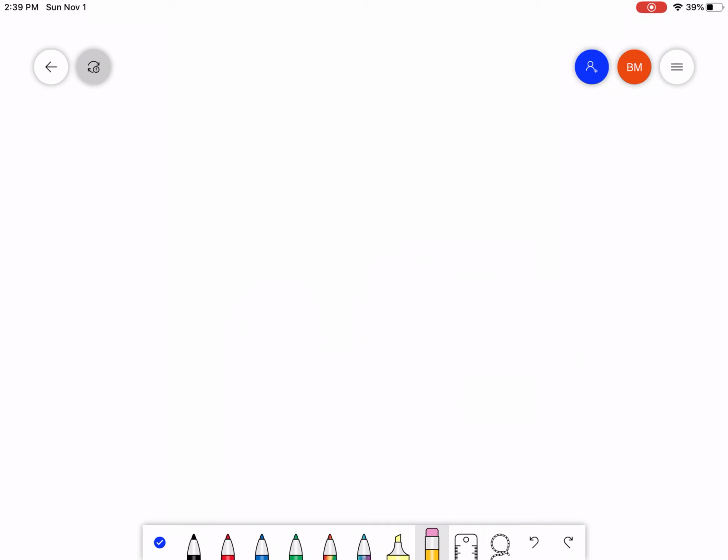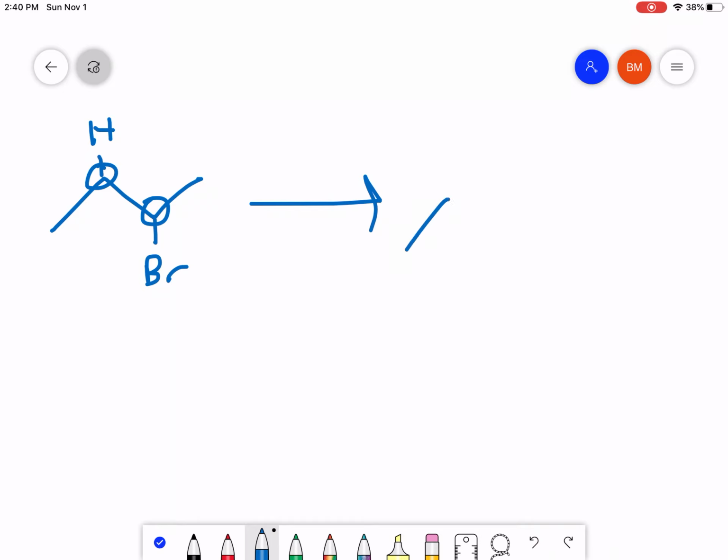So, stereochemistry of alkenes. Let's say that we have this, and we're specifically looking at forming a double bond between these two carbons. If you do this, we can get that.